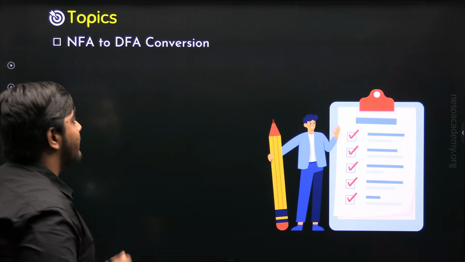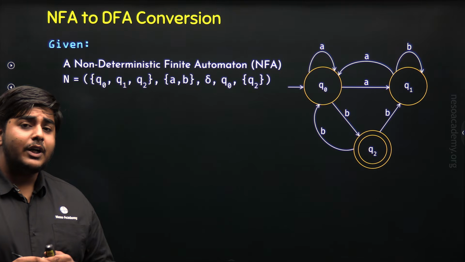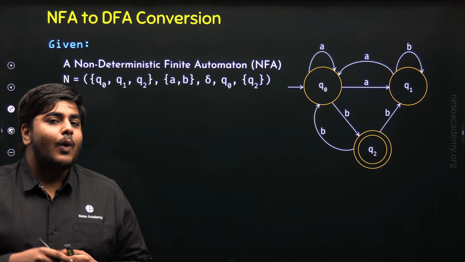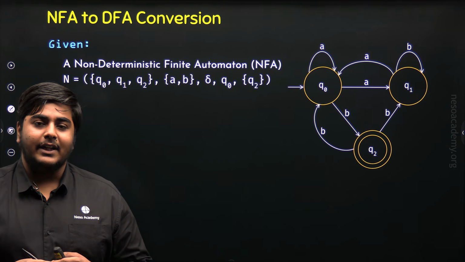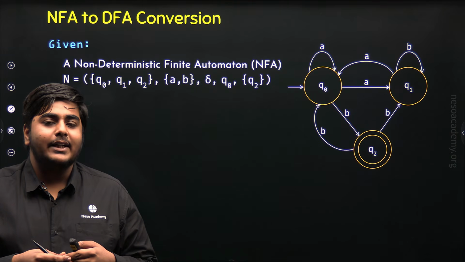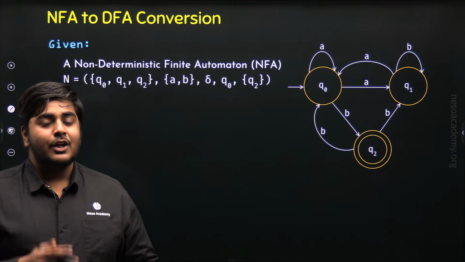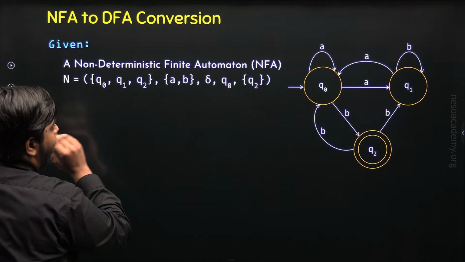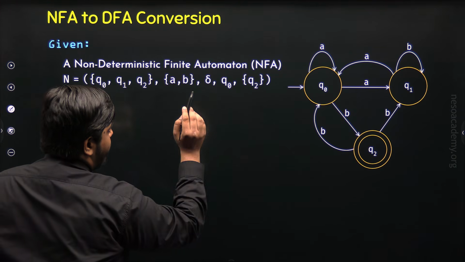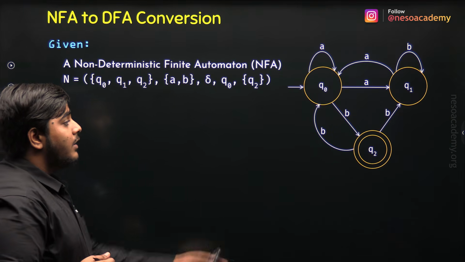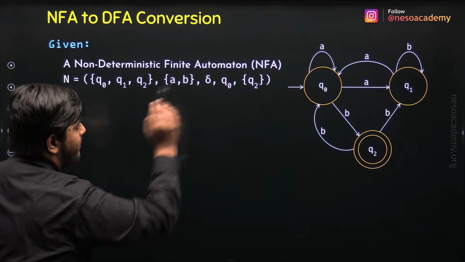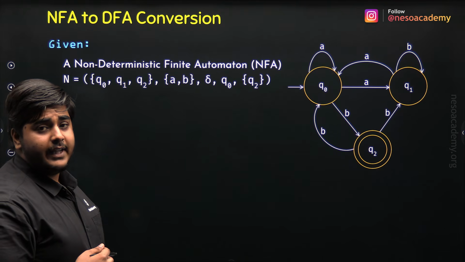Let's get started. If you want to convert an NFA into its equivalent DFA, it is required that you are given an NFA so that you can convert it into its equivalent DFA. So here you can see given is a non-deterministic finite automata, or an NFA, and this is the 5-tuple representation of the given NFA.